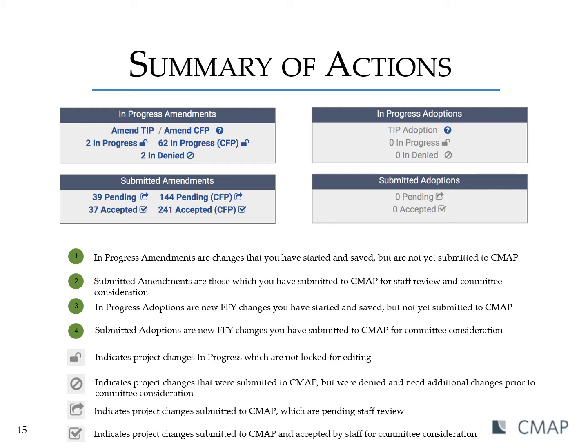The CFP module is where we accept applications for CMAQ, TAP, and STP funding. There is separate training and a separate eTIP user guide related to call for projects. The majority of your work will be completed on regular TIP projects and actions, except from January to March each year when there may be a call for projects going on like we have right now.